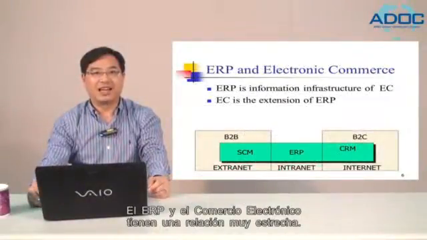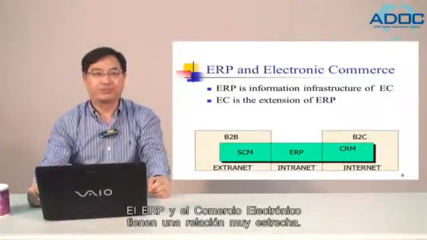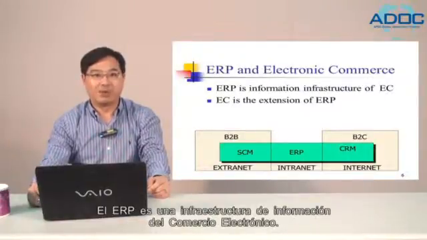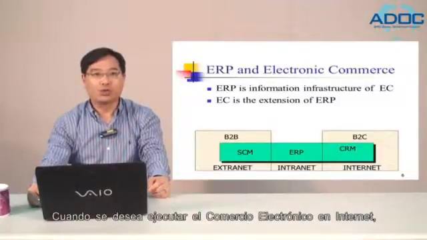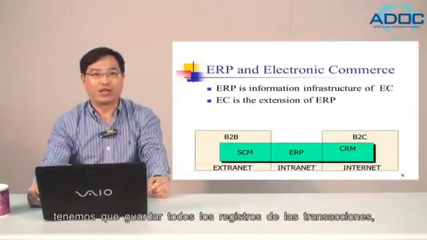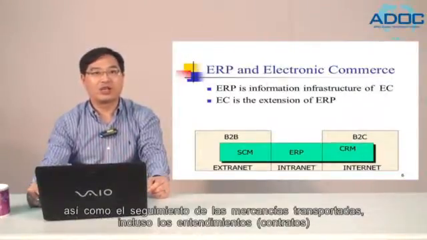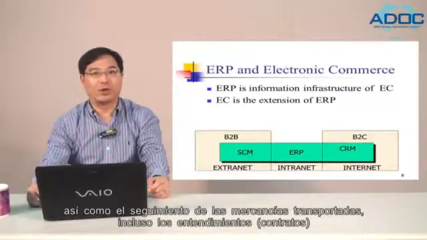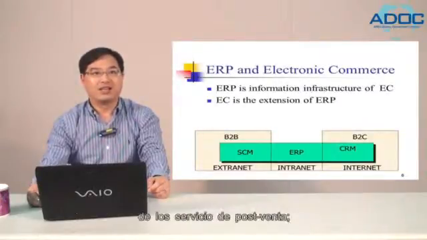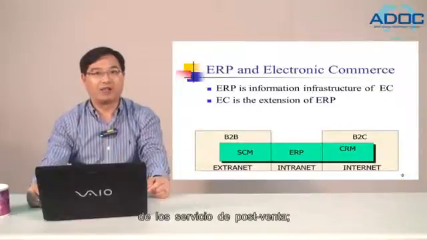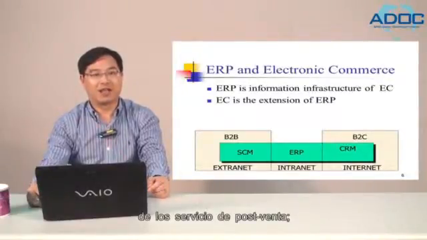ERP and EC have a very close relationship. ERP is an important infrastructure of EC. When we want to run EC on the internet, we have to save all transaction records, as well as check the goods transported, even understand the after-sales service.